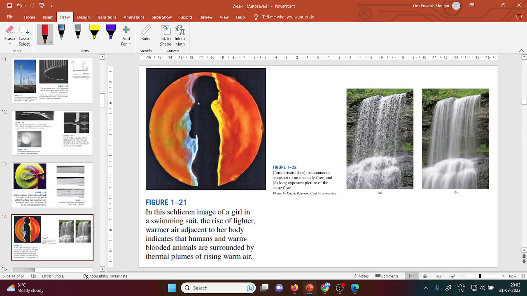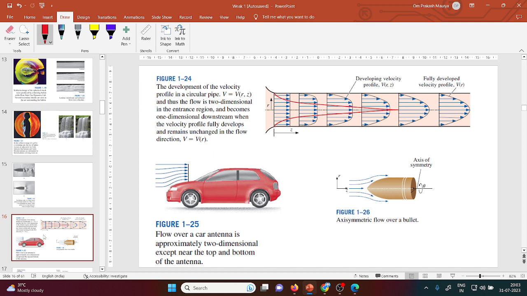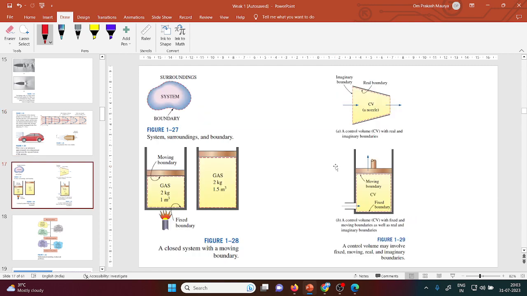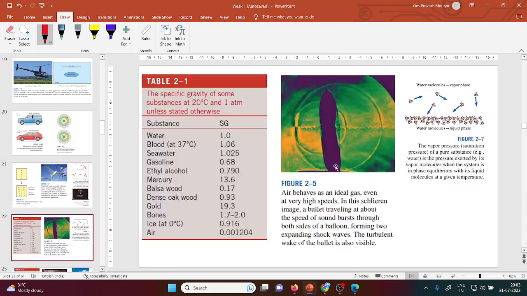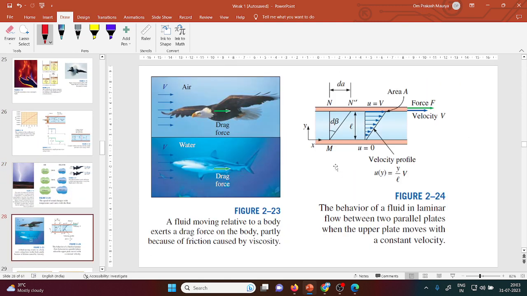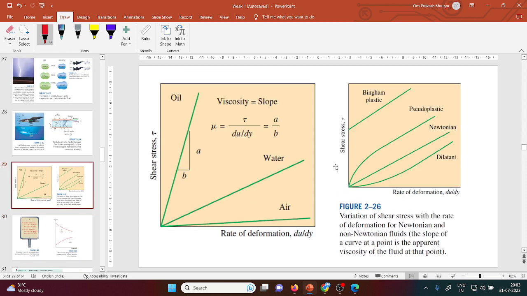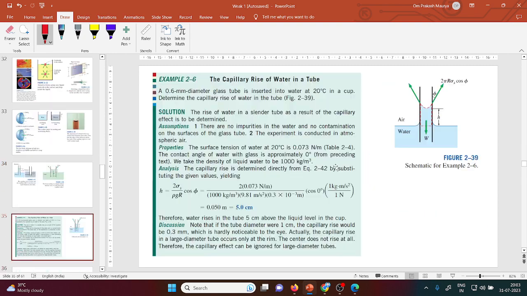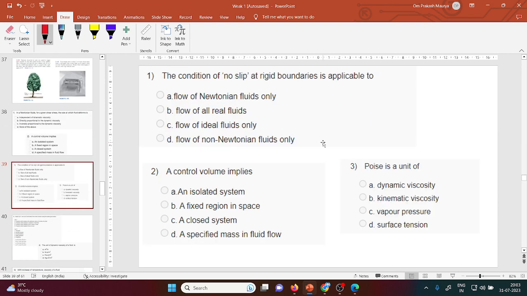These are very interesting, and you can easily feel the basics of fluid mechanics: how the velocity develops, the development length in the flow domain, how the drag force works, and the relationship of drag force on fish and birds with the velocity distribution, and how different fluids behave. I also have some question problems, but we will discuss them in the next class.